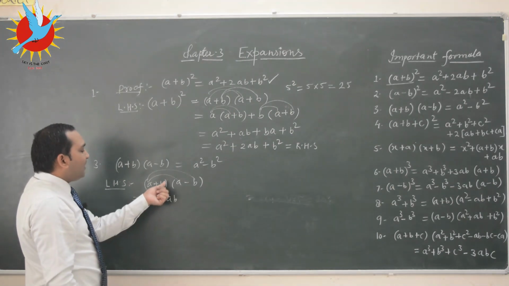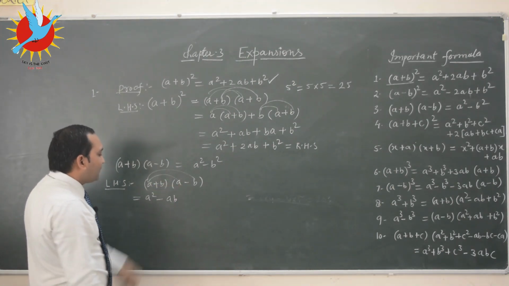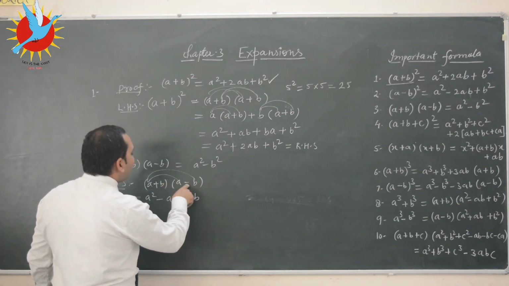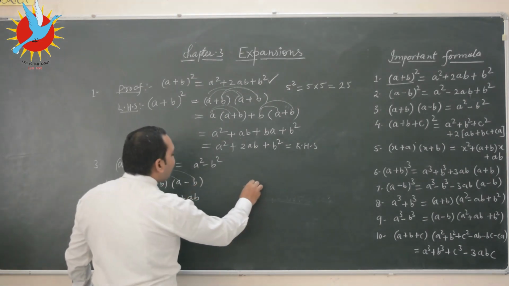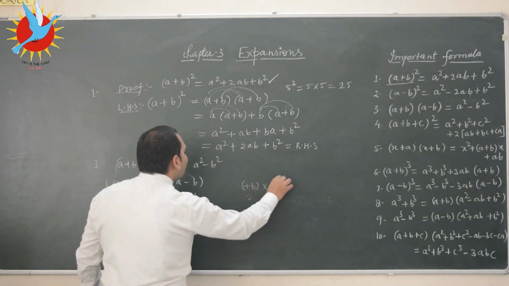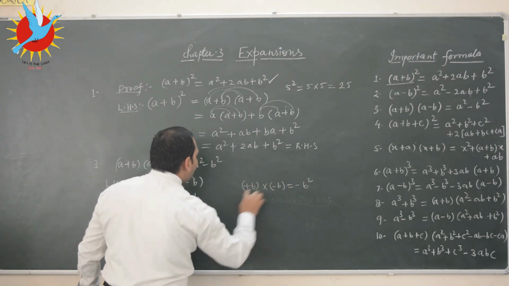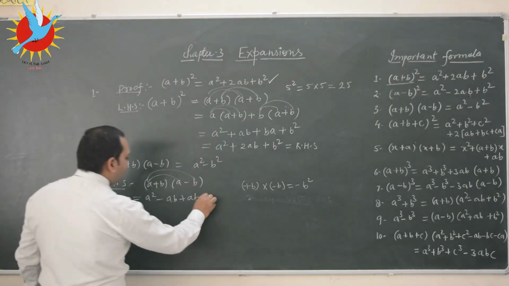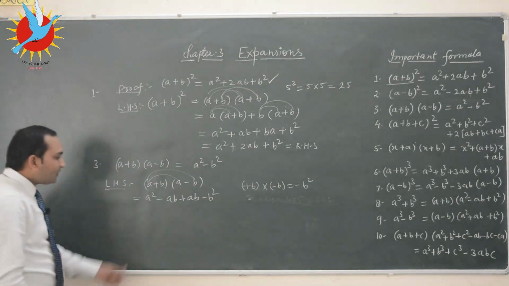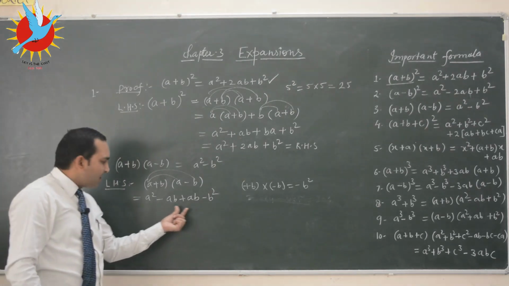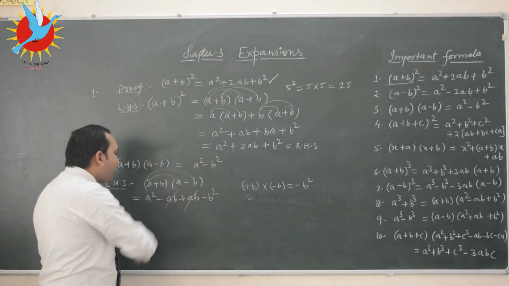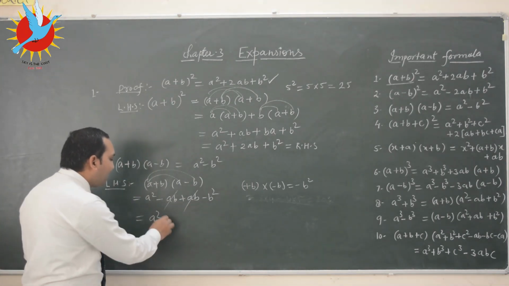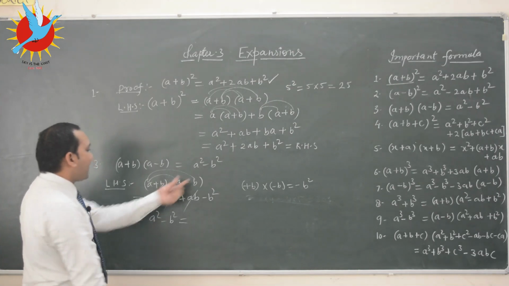Similarly plus B multiplied in A, so plus AB, and plus B multiplied in minus B, which is equal to minus B square. Plus into minus is minus and B into B is B square, so we write minus B square. Here minus AB and plus AB cancel, the value is A square and here minus B square, which is the right hand side.